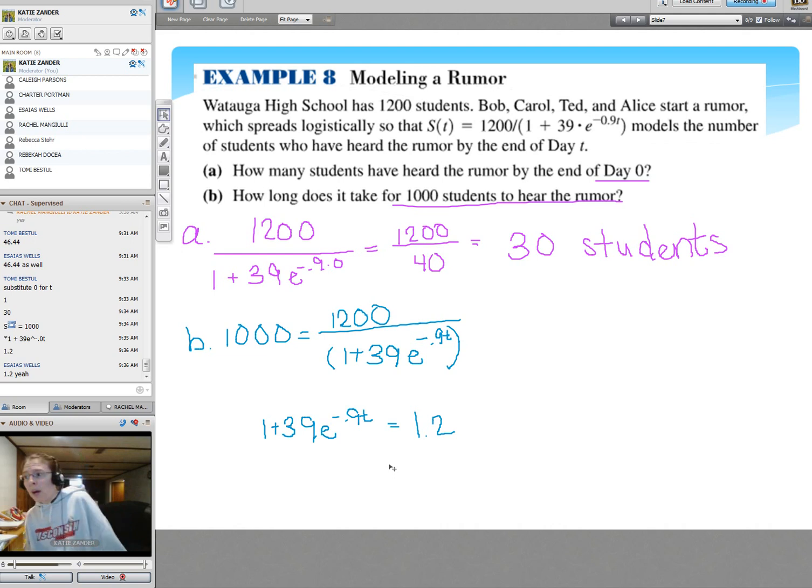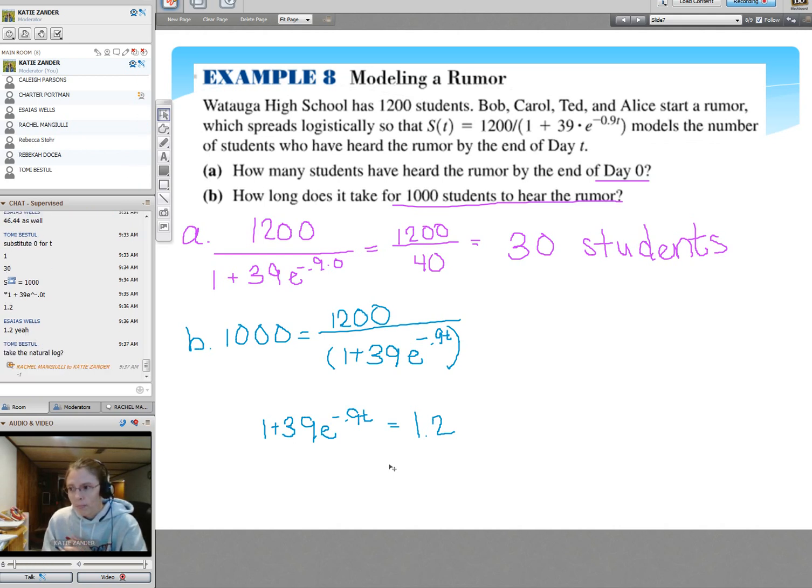Okay, now the problem isn't quite as overwhelming, right? It looks similar to what we've kind of solved before. What's the next step we want to take to solving for t now? We don't want to take the natural log because we don't have e isolated yet.